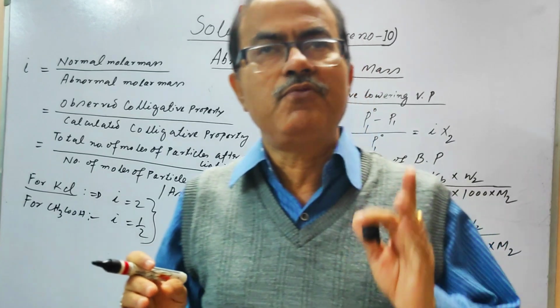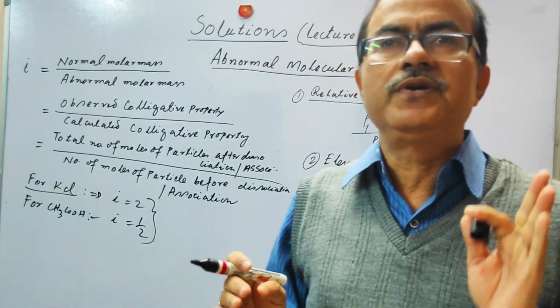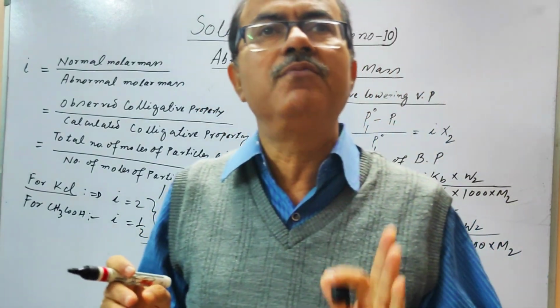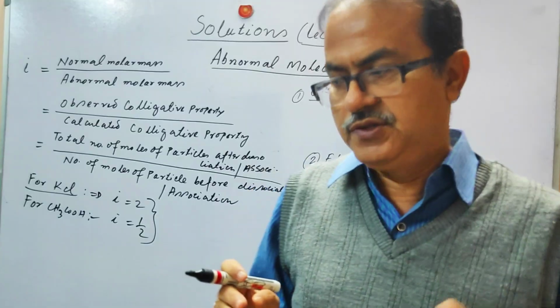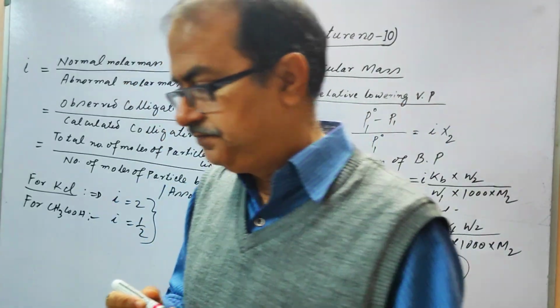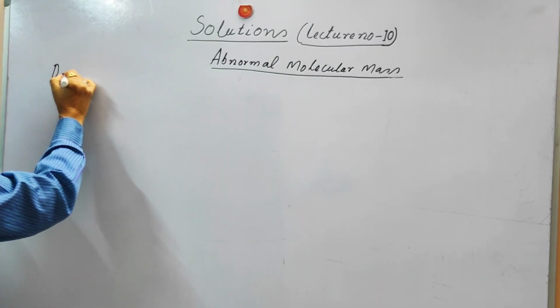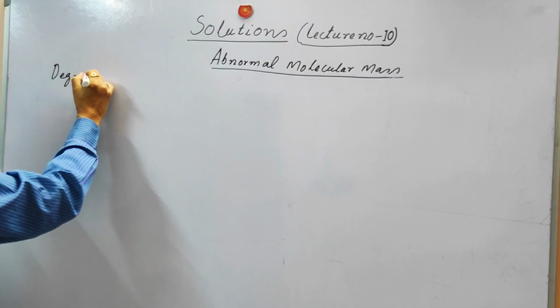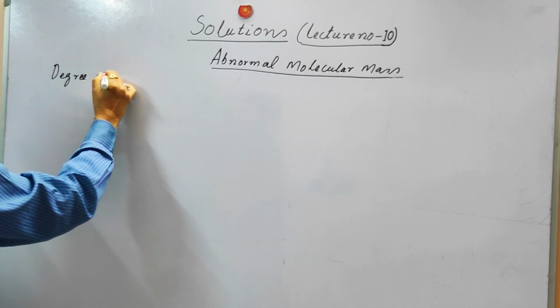Now we are going to discuss how, from this, we can calculate the degree of dissociation or degree of association. We will discuss the degree of dissociation first, that is, the calculation of the degree of dissociation.